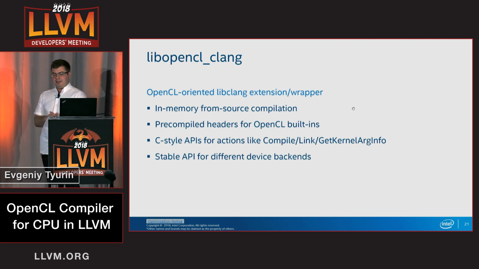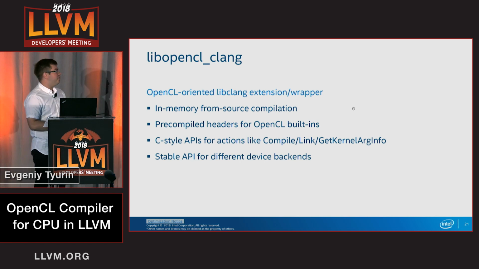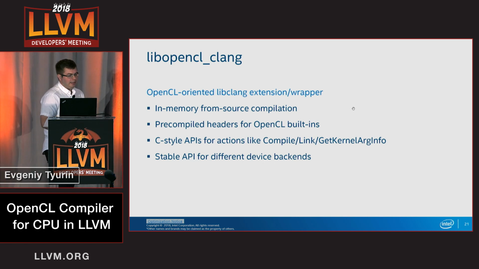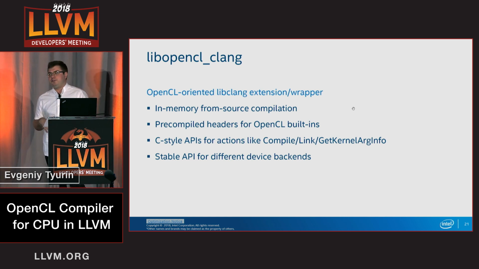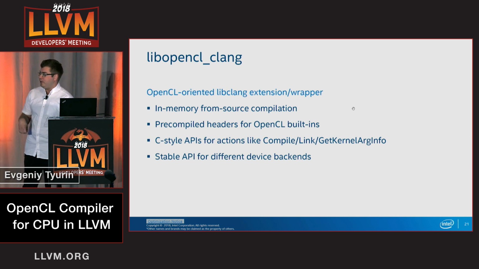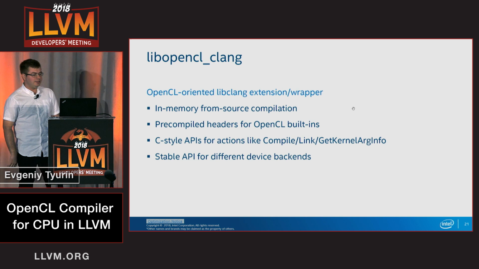So what is this libOpenCLClang? Well, essentially, it is a wrapper for libclang. Its main feature is to provide in-memory compilation from the source. It also features precompiled headers for OpenCL built-ins in order to speed up the compilation of OpenCL kernels.